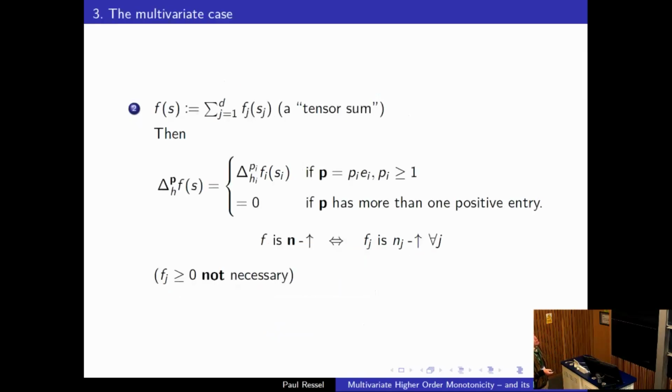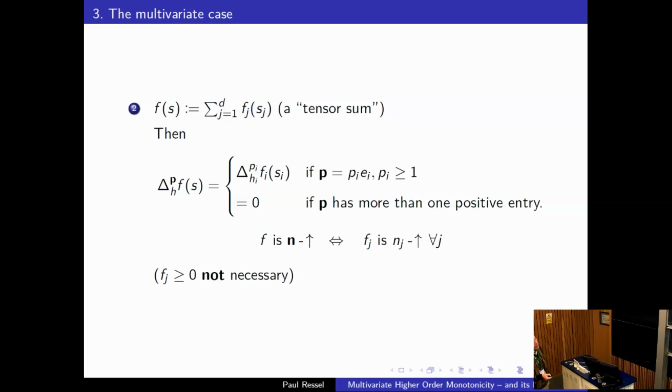Okay. The second one is a kind of, this word is probably hardly ever used, a tensor sum. So it's a sum of functions of the single variables. And then we have this relation. This multi-difference is the corresponding, so to speak, partial difference of the function f_i if p is just a multiple of the unit vector.